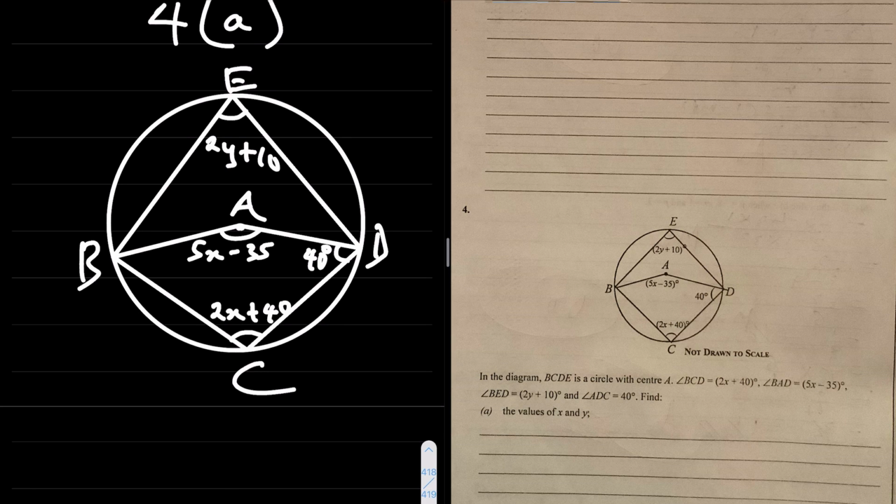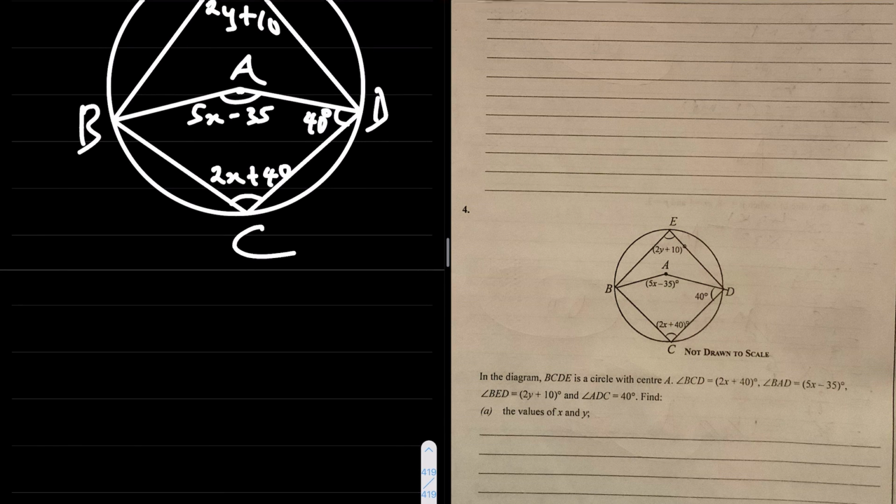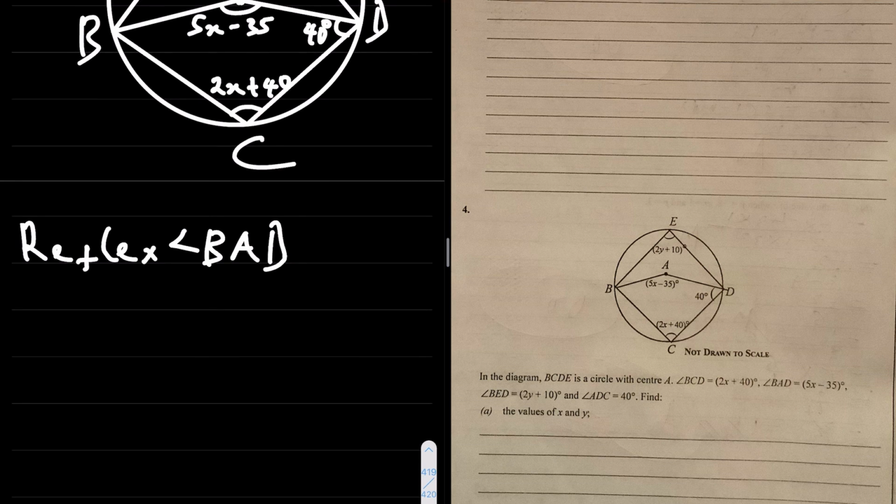Okay, let me go straight to what I want to do. This angle, reflex angle BAD, is 2 times angle BCD.